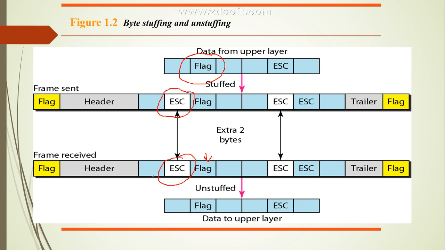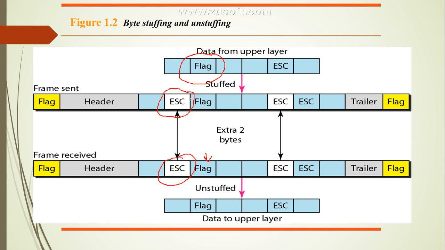So when the receiver encounters this escape character, it automatically understands that the next part of the data, that is the flag, is not going to indicate the end of the data, it is just a part of the data. So this is byte stuffing. But another problem may arise.